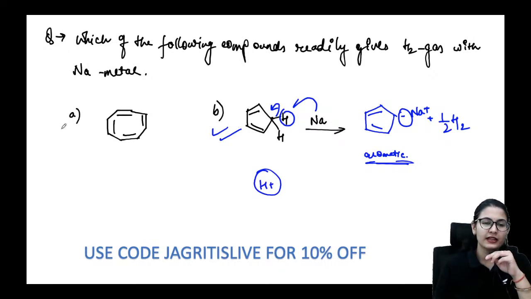What about option A? It can take electron density from sodium. Alright, what will this do with sodium? No hydrogen is taking electron density. Two atoms of sodium can give electron density to this molecule. It has an 8 pi electron system. It is non-planar.